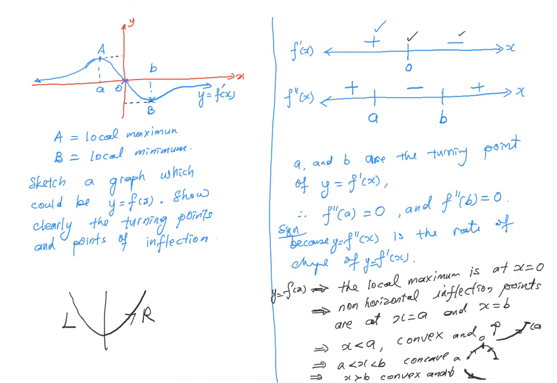So that means the inflection points must be symmetrical. So I will mark the inflection point. My black will be for f prime x, f(x). So it will turn here. The turning point will be here.